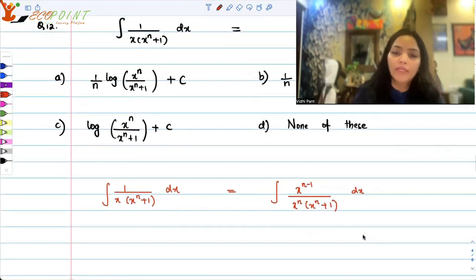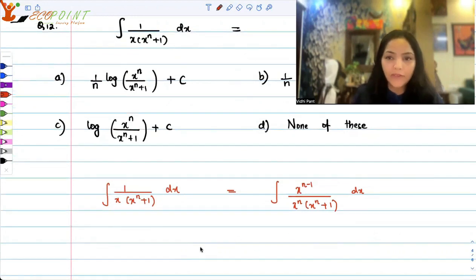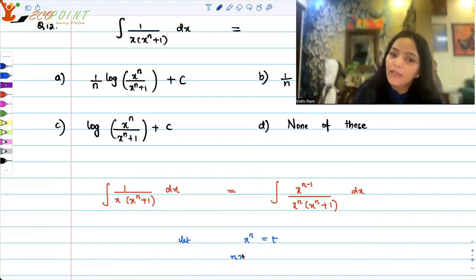Now, with this, what has happened is I have x to the power n in common as such. So, what I can do is now make use of substitution. Let's take x to the power n as t. So, n x to the power n minus 1 dx will become dt.